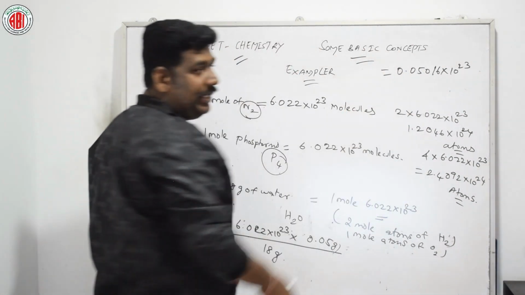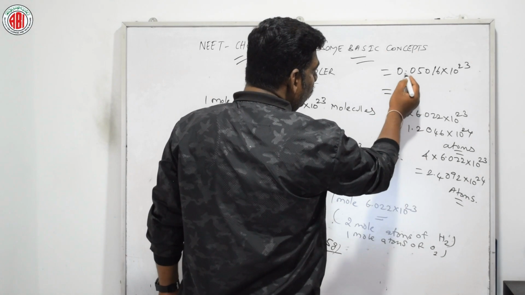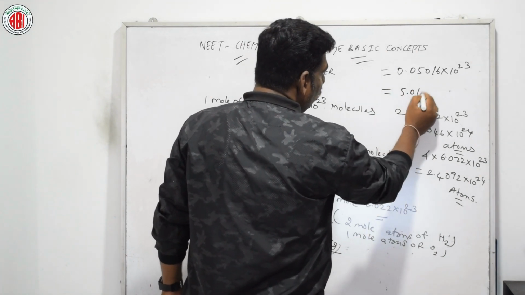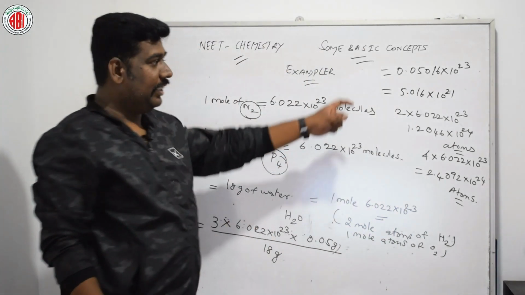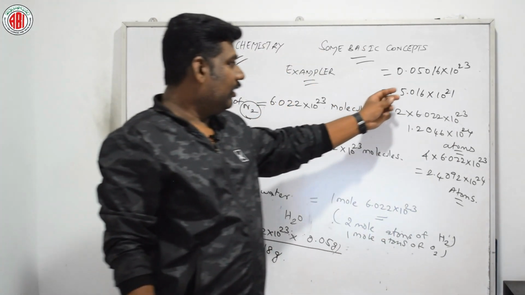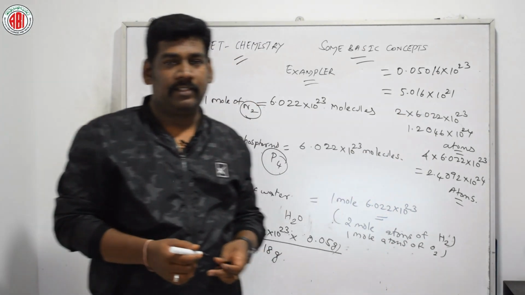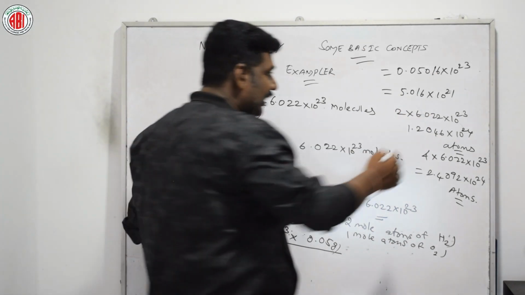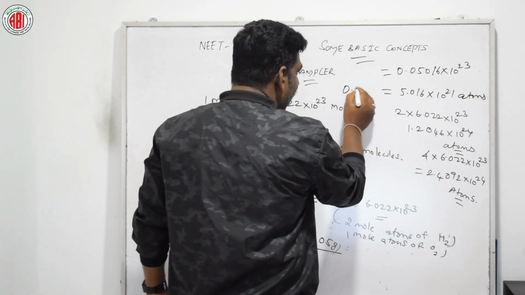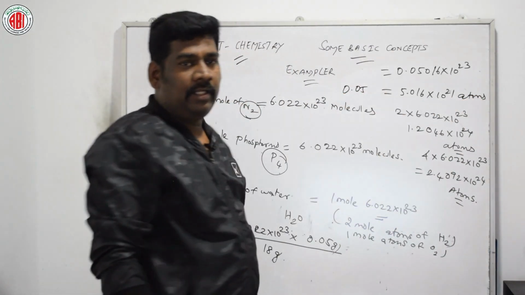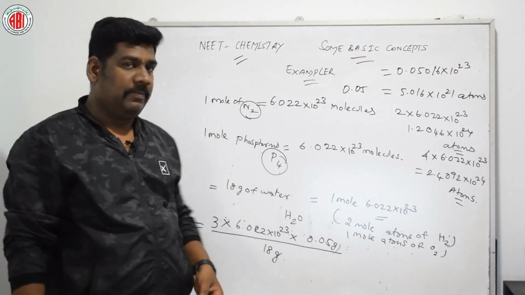Again, simplifying this, moving 2 decimal places, we get 5.016 into 10 to the power of 21. This is the number of atoms present in 0.05 gram of water. So by this way we can solve this problem.